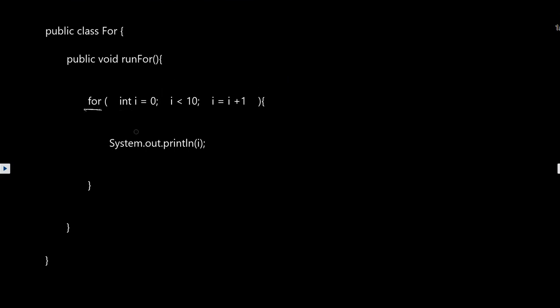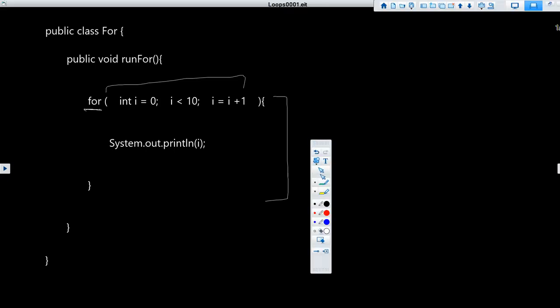We have the loop declaration, so this is going to be a for loop. Then the conditional will be in here, and then we have the block of code itself. So we just have to deal with what's inside that parenthesis, which is a little bit more confusing, but it's still manageable.